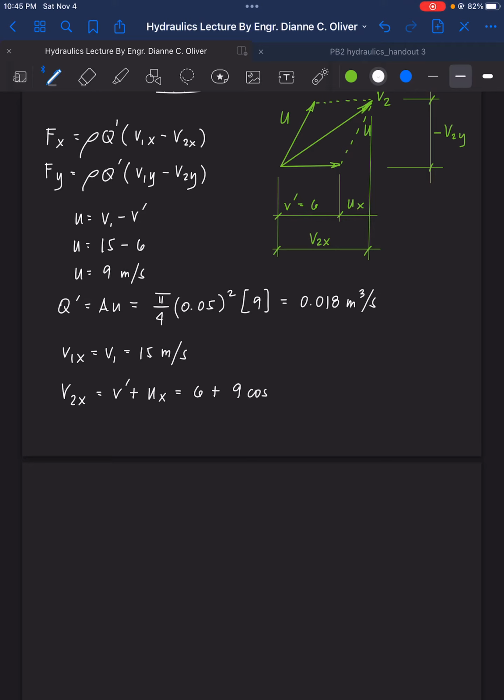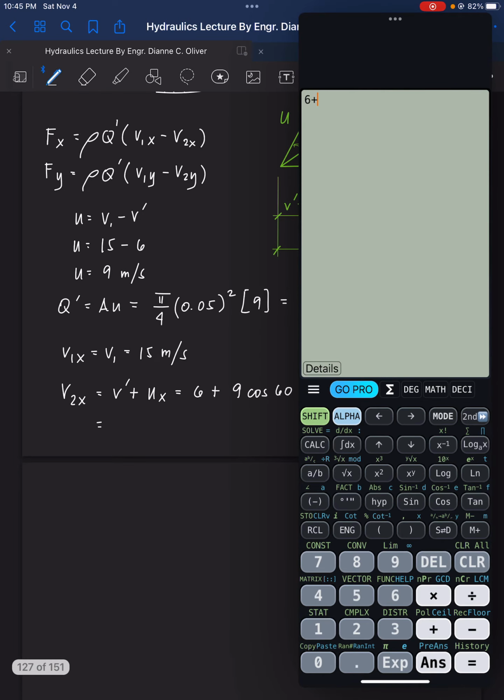Our theta here is 60 degrees. So that is cosine 60. So V2x now is equal to 6 plus 9 cosine 60.